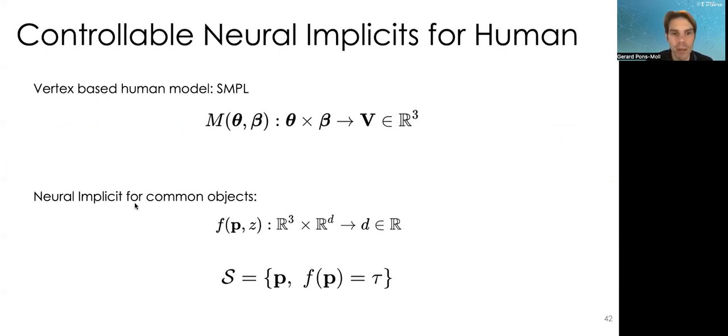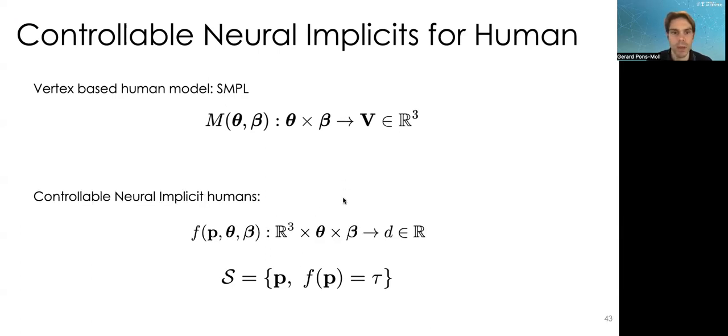In neural implicit models, you have instead that given a latent code, which is dimension D, and a point P, which is 3-dimensional, it predicts a distance or an occupancy, which is a scalar, right? So that's the mathematical difference between these two models.